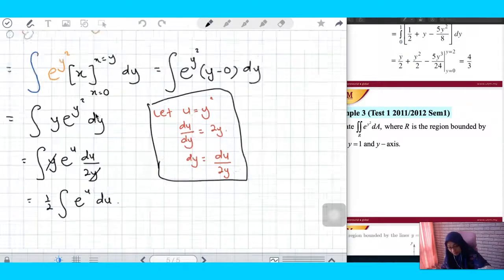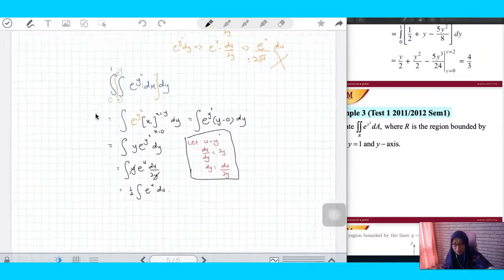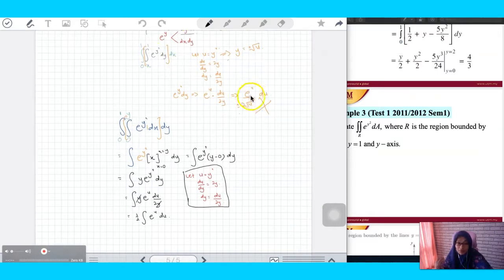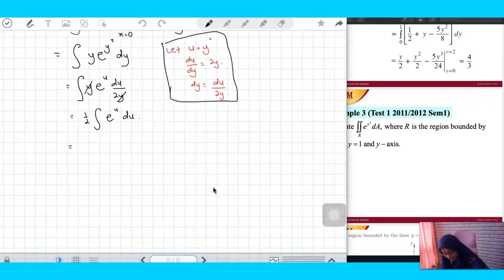If you compare this with the previous order of integration, maybe it can be solved, but you need to have a longer step. But this one you can use direct integration. First you have to integrate with respect to x, and it becomes simpler after we implement the substitution method. So now we just integrate e^u, so you will get e^u.